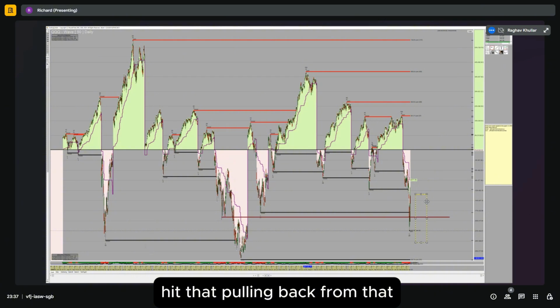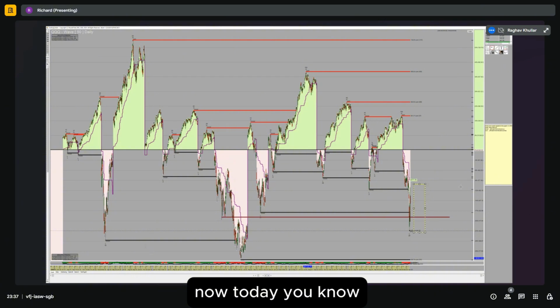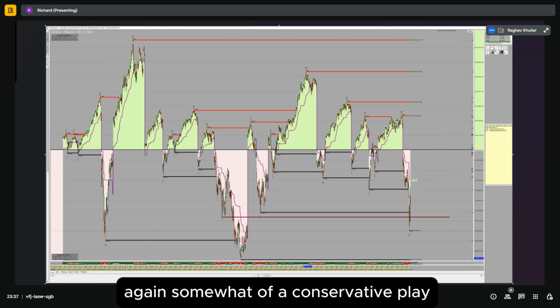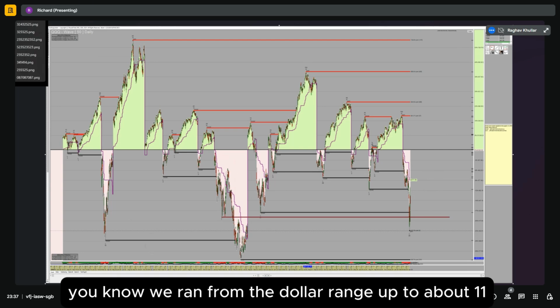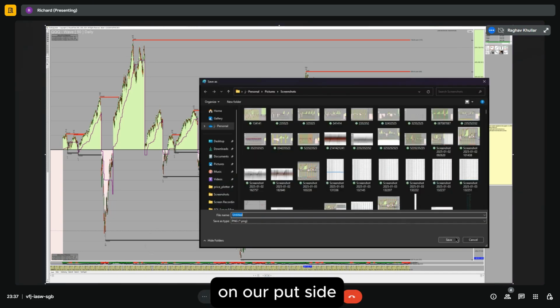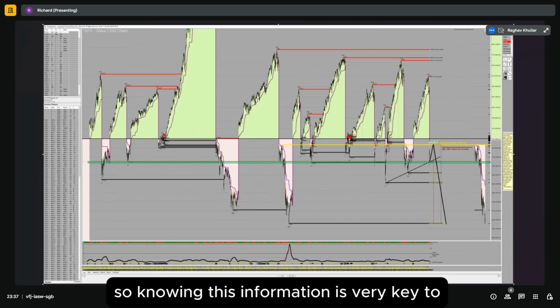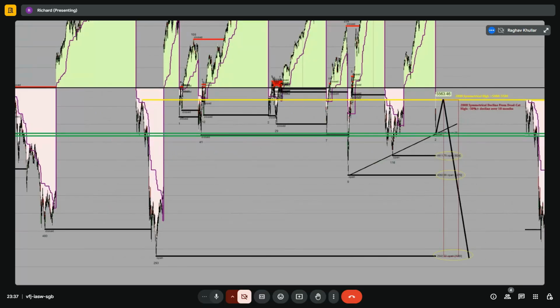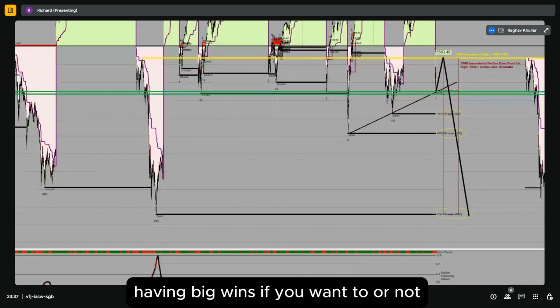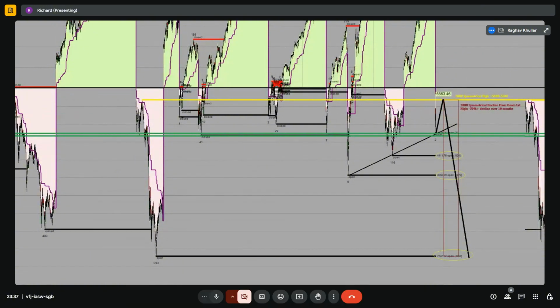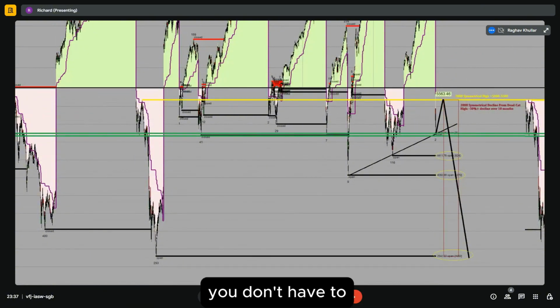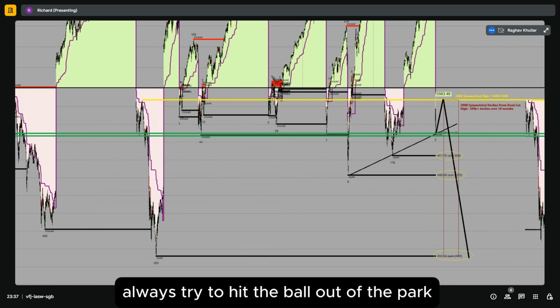Hit that, pulling back from that now. But today, again, somewhat of a conservative play. We ran from the dollar range up to about 11 on our put side. So knowing this information is very key to having big wins if you want to, or take more conservative plays. You don't have to always try to hit the ball out of the park.